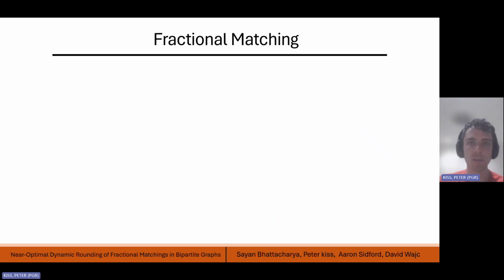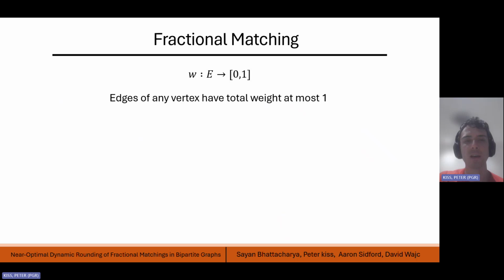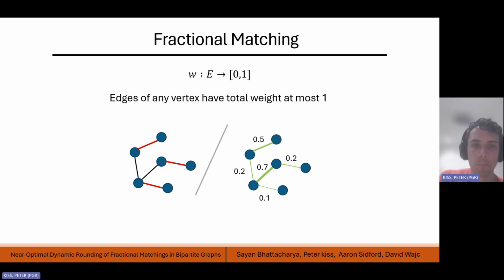We talk a lot about fractional matchings, so let's just define them quickly. A fractional matching is a weight assignment to the edges between 0 and 1, or a vector over the edges, which satisfies that the sum of the weight of the edges incident on any vertex is at most 1. That can be thought of as the fractional linear programming relaxation of matchings, something like this one here.